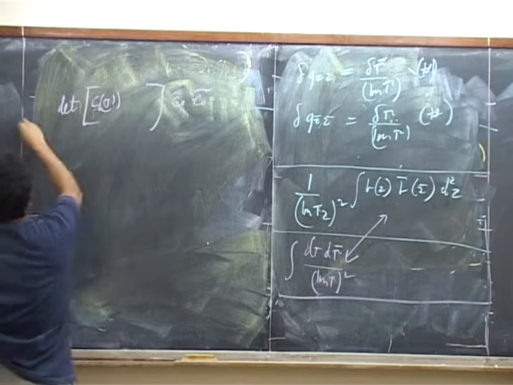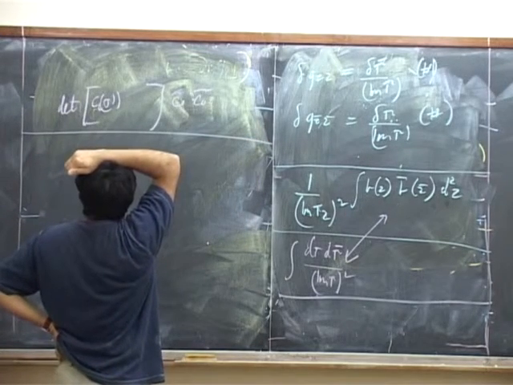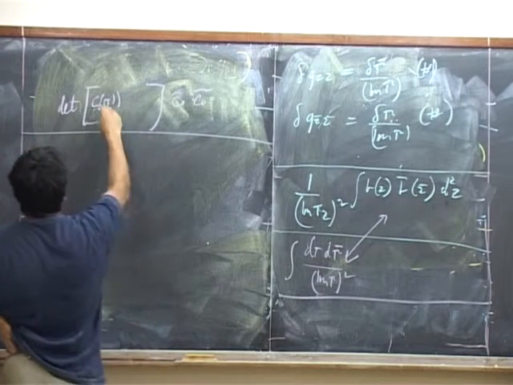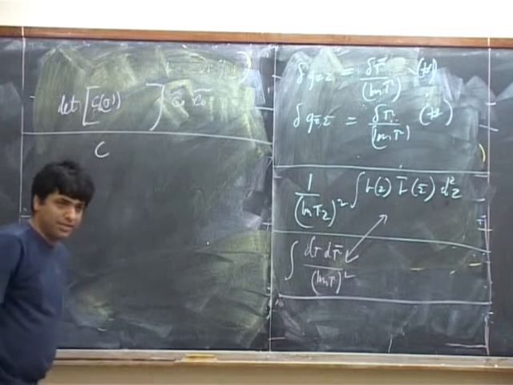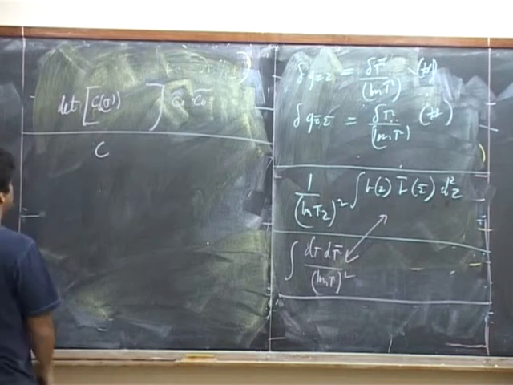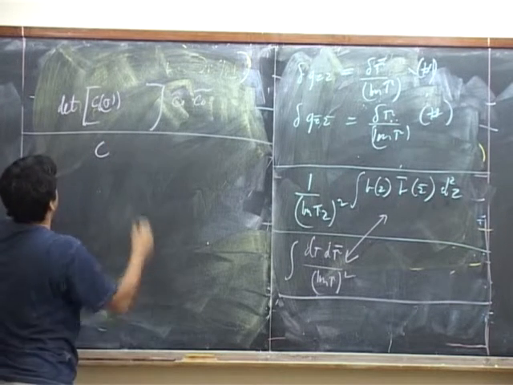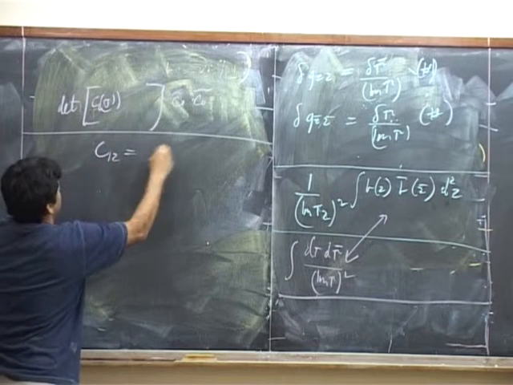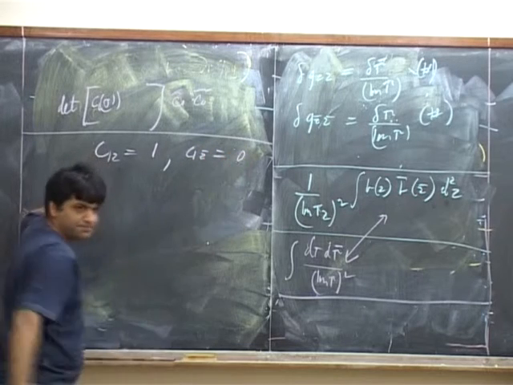Right. So let's go to complex coordinates. So the two conformal Killing vectors are C1z equals 1, C1z bar equals 0.